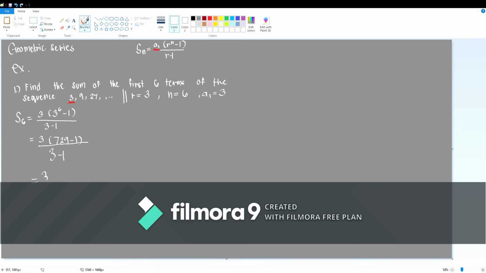Now the difference of 729 and 1 is equal to 728, and the difference of 3 and 1 equals 2. Now we are going to multiply 3 and 728. I just did the manual multiplying and also the manual division. You can also do that with your calculator. And after the last step, getting the simplest form, here you are with the answer.